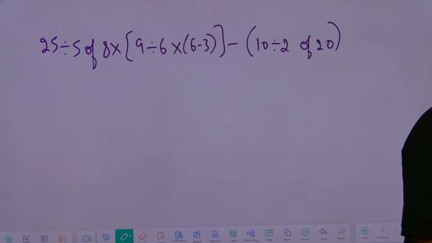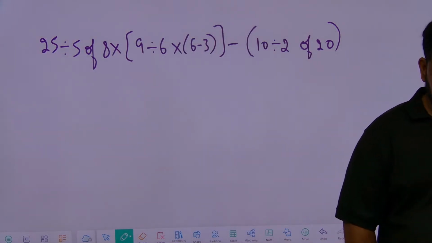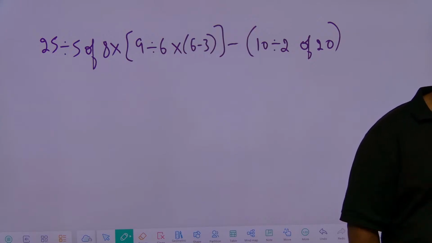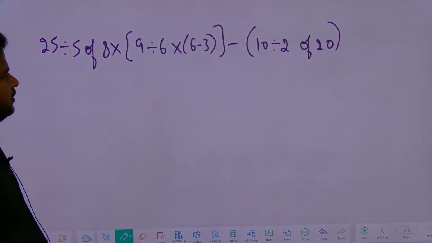What is the answer? Okay, let us check. So see here, 9 divided by 6 into 6 minus 3.